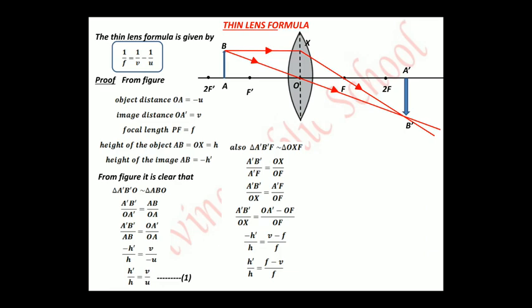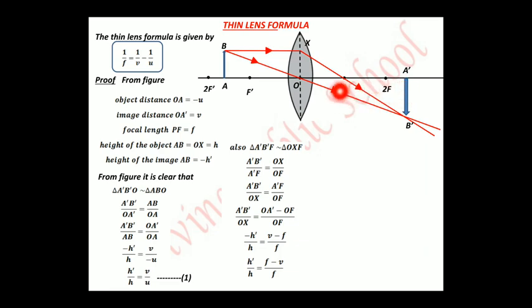Now we know the value of A'B', it is minus h'. OX is equal to h only. A'F we don't have, but OF we have, it is equal to focal length. So now what happens? We define A'F. A'F is the distance between the image and the focus.